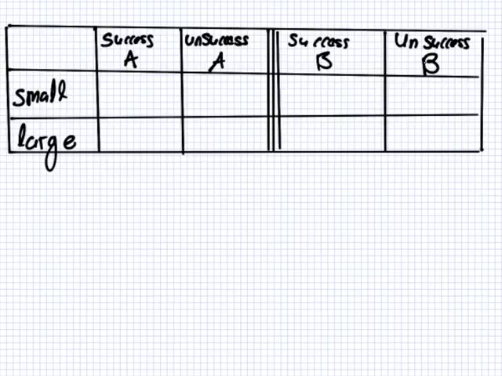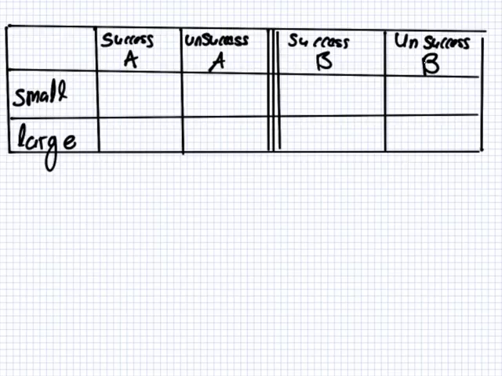Okay. So what's happening here is people are going to the hospital and they have kidney stones. It's not important that you know what kidney stones are, but kidney stones are classified as one of two levels of severity. So you can have somebody admitted to the hospital with small kidney stones, or they could have large kidney stones. And they have two different treatments that they can get. They can get treatment A or they can get treatment B. And you would like to know basically which treatment will be better.